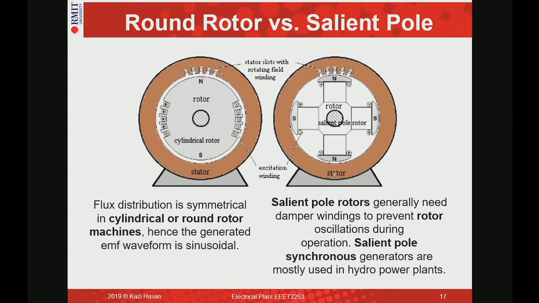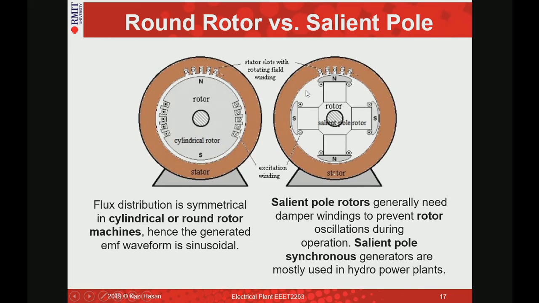Salient pole generators, this is a little bit of extra information. You don't need that because we don't cover the damper concept, but I'm telling you the main idea: there is high density of flux and a huge air gap.